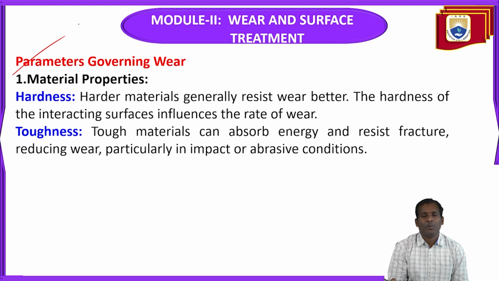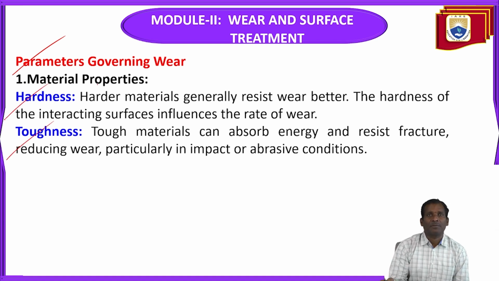One is material properties: hardness and toughness. Harder materials generally resist wear better. The hardness of the interacting surfaces influences the rate of wear. Generally the material properties, hardness and toughness, come under mechanical properties.